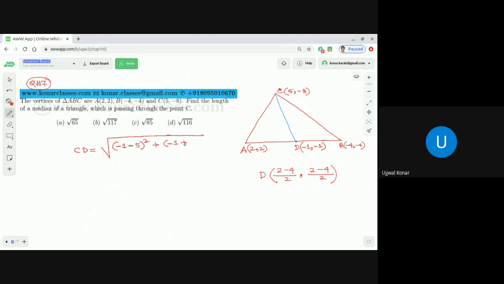So minus of -8 is +8, that whole square. So this is equal to square root of 36 plus 49, which is square root of 85, and we get the correct option as option C, dear students.